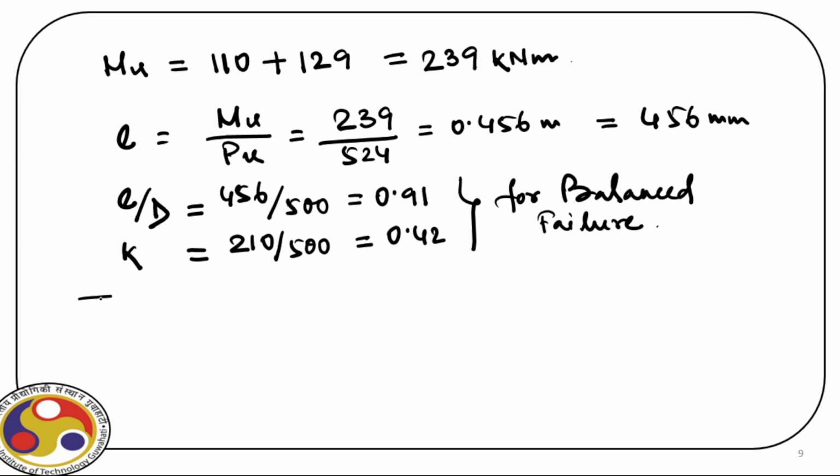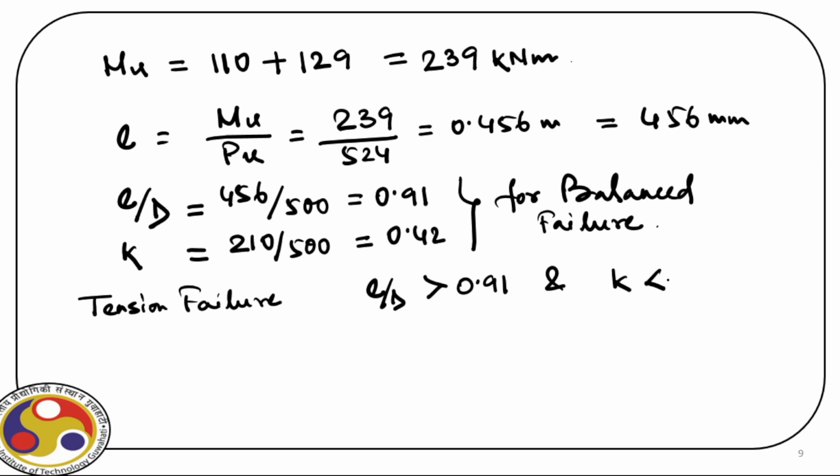So if you have tension failure, we can easily identify the condition. For that, e by D is to be greater than 0.91 and k must be less than 0.42.